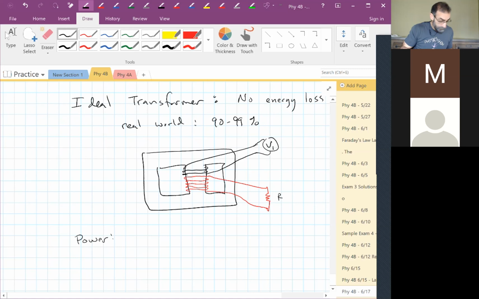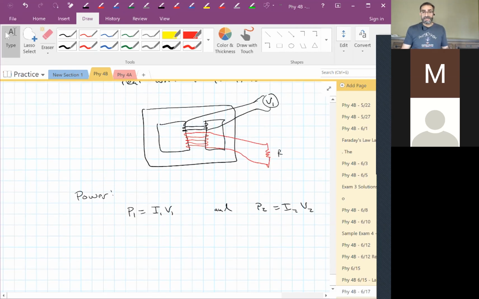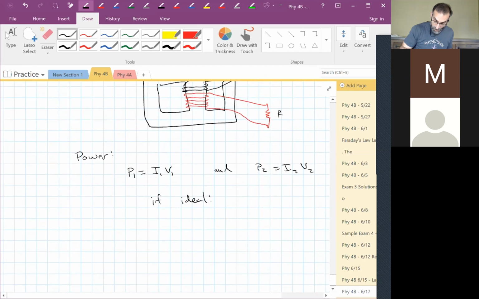The power on the input side is I1 V1, and the power on the output side is I2 V2, the 2's on the output side. Current times voltage is the power. If ideal, the power in is the power out.